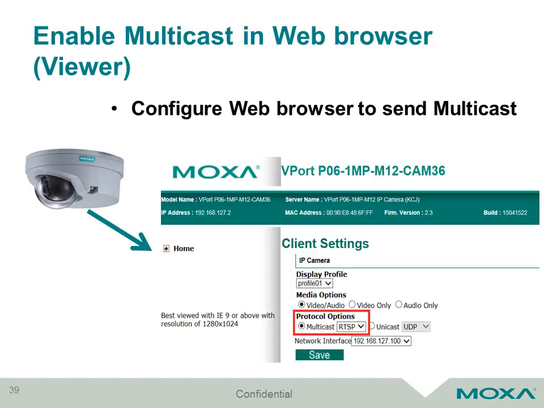First of all, enable multicast in the web browser or viewer, as you can see in this diagram. All you have to do is find the camera through the web browser and then under protocol options, please select multicast.